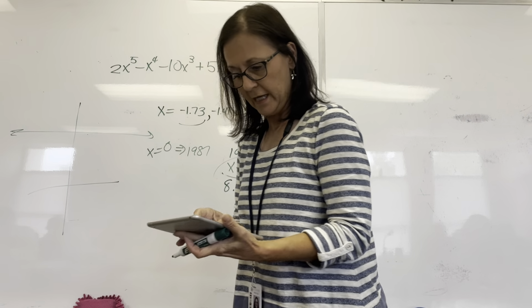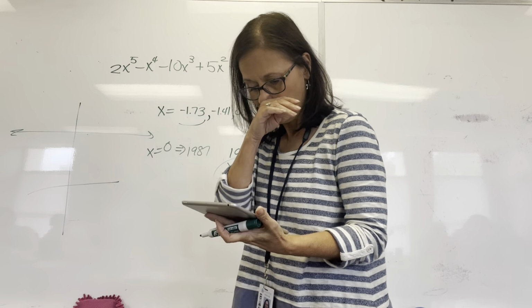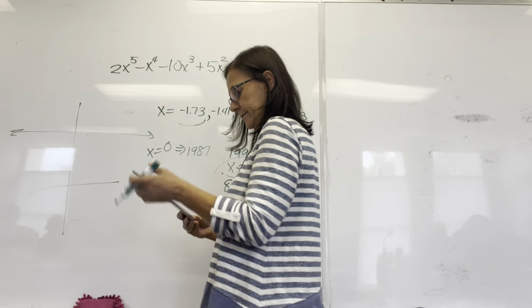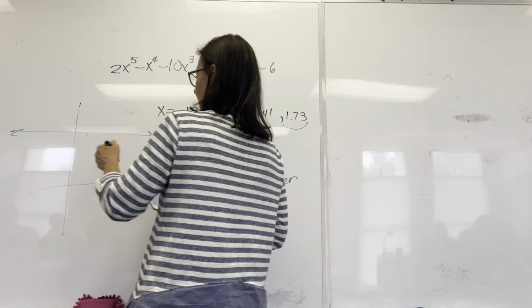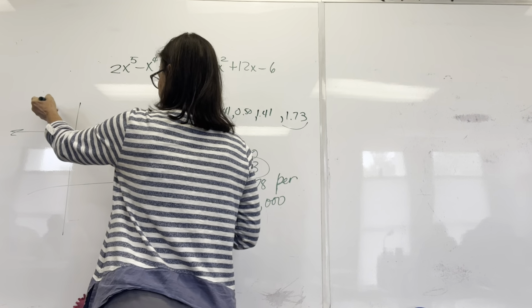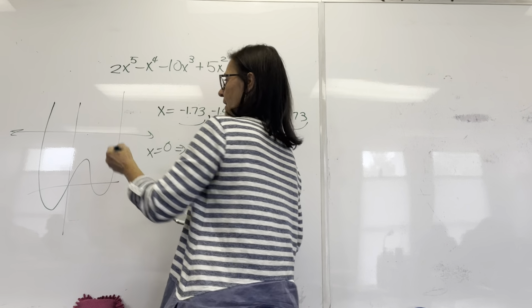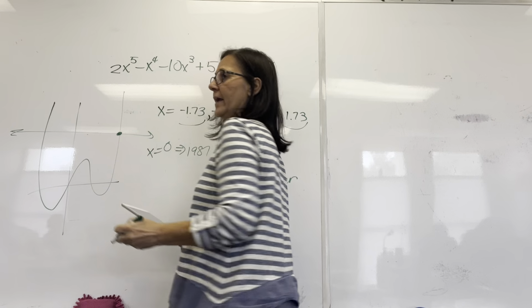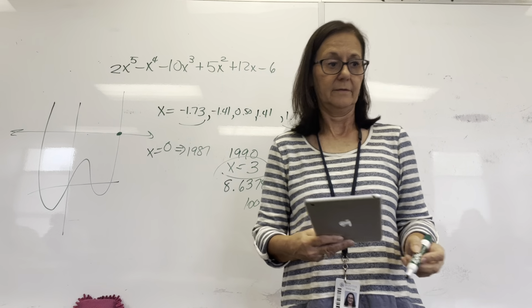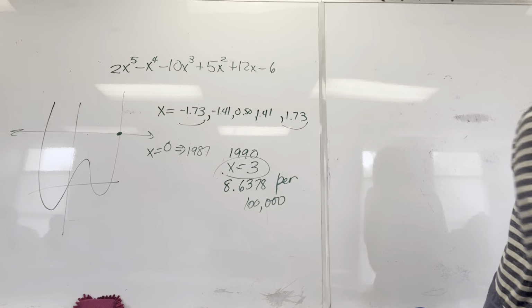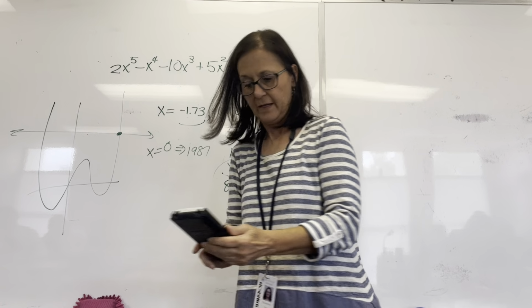And the other one is a 4th degree, so I don't know what it's going to do. It's going to start here, come down here, and come back up here, maybe. You're looking over here where they intersect. You're only looking at positive.